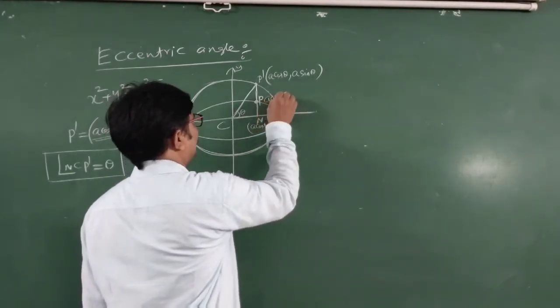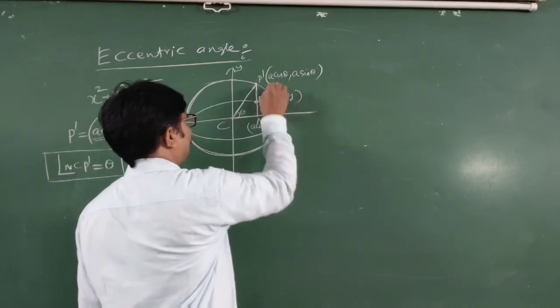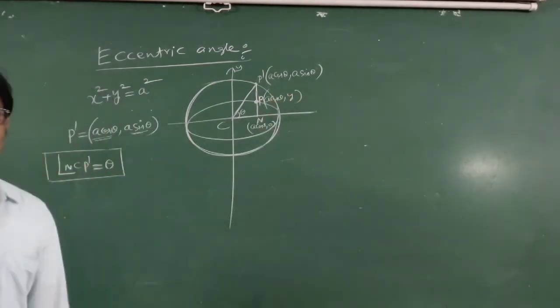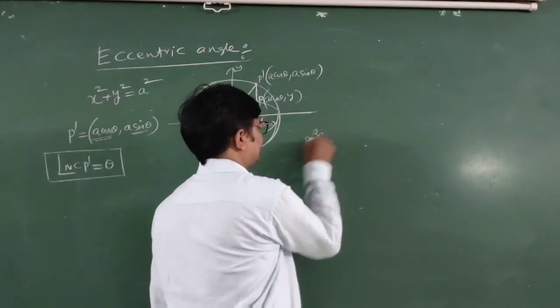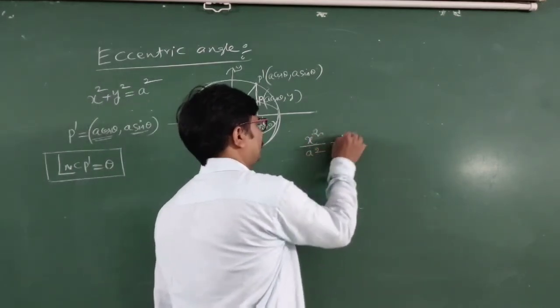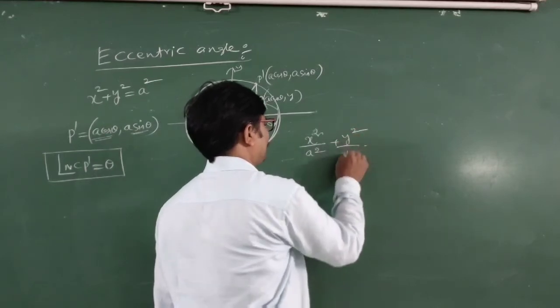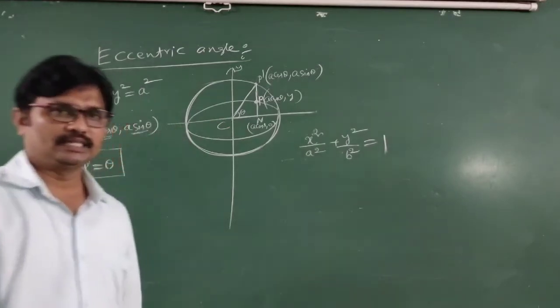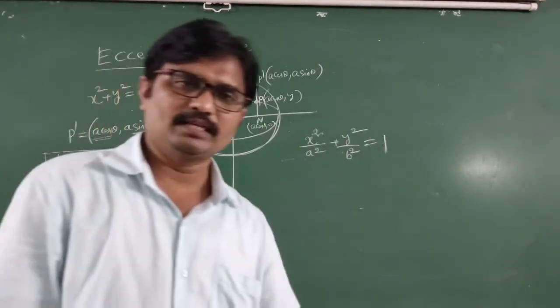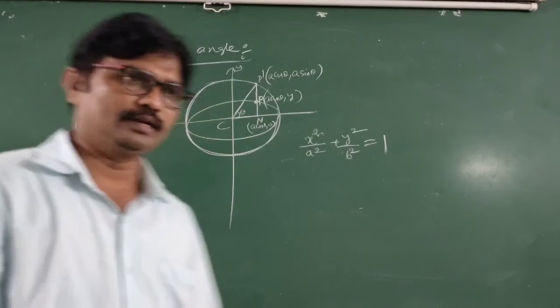This is P, a cos theta comma y. So the equation of the ellipse is x square by a square plus y square by b square equal to 1.